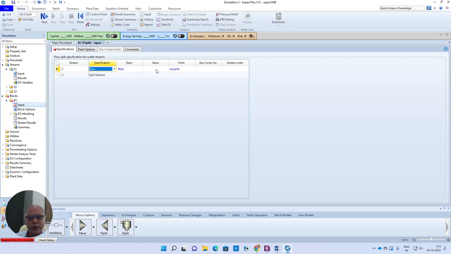But if you are trying to specify this way, you have to make sure at least this much flow is entering the splitter through S1. So this is another possibility. Let me revert back to split fraction. Revert to 0.2. Right? So you can see the required input is complete. Then go to next.